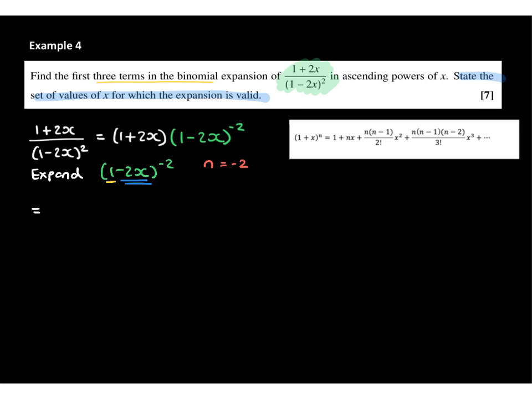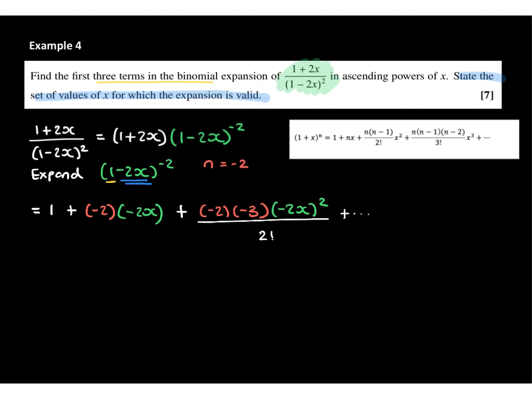So we've got 1 plus n multiplied by x plus n(n minus 1)x squared over 2 factorial. And let's simplify that. So we've got 1 plus 4x plus 12x squared.